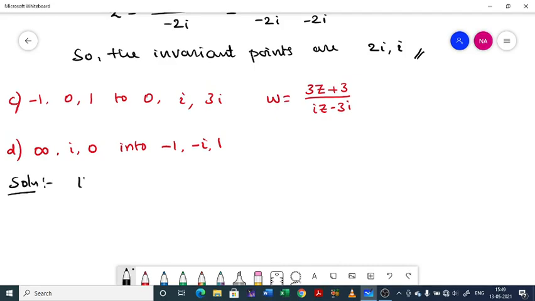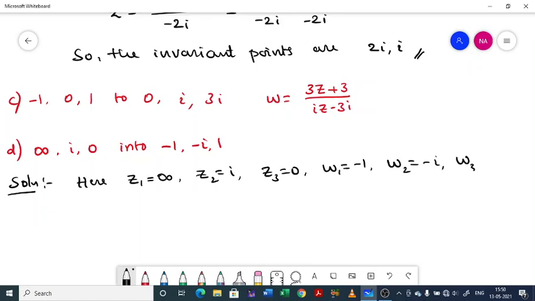So here z1 will be infinity, z2 will be I, and z3 will be 0, and w1 will be minus 1, w2 will be minus I, and w3 will be plus 1. So as usual, w equal to a z plus b divided by c z plus d. Call that as equation 1.